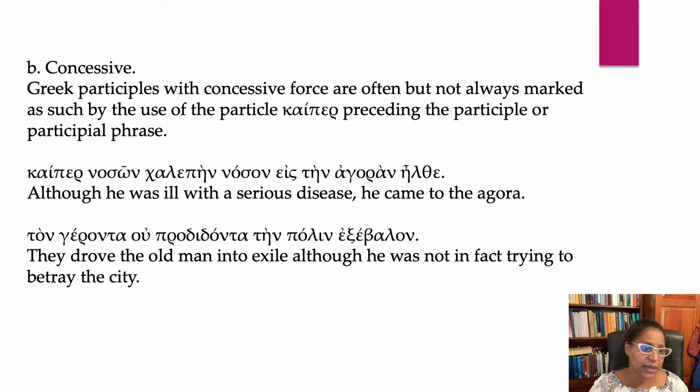So, although he was ill with a serious disease, he came to the agora. "Ton geronta ou prodidonta ten polin exebalon." So they drove the old man into exile, although here it's without the kaiper, although he was not in fact trying to betray the city.